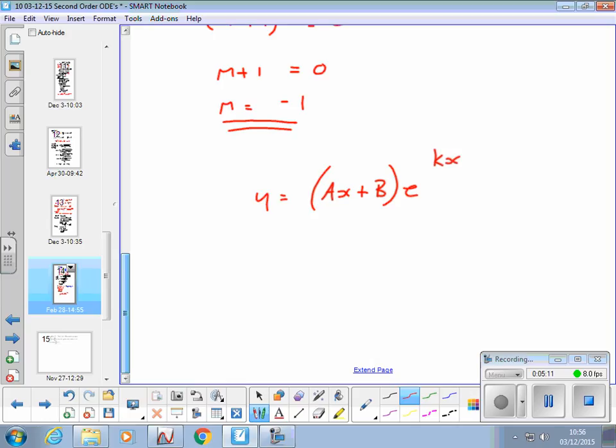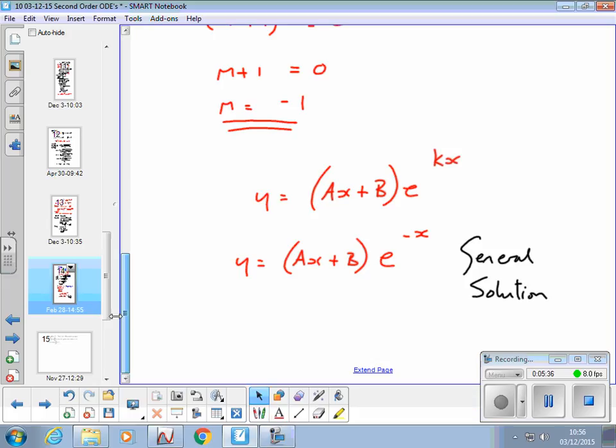So for this example, y equals (ax plus b) e to the minus x, because k is minus 1. And that's our general solution. Now we've got to work out what the constants a and b are.